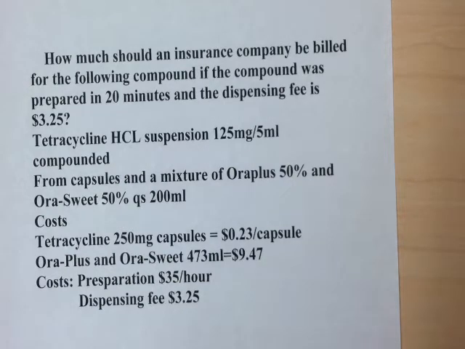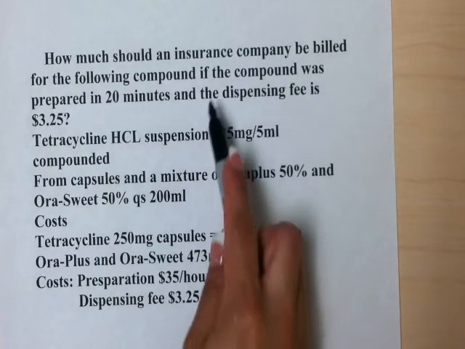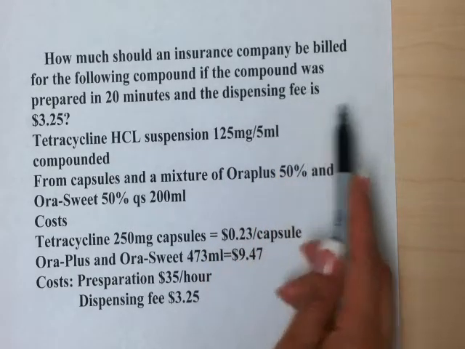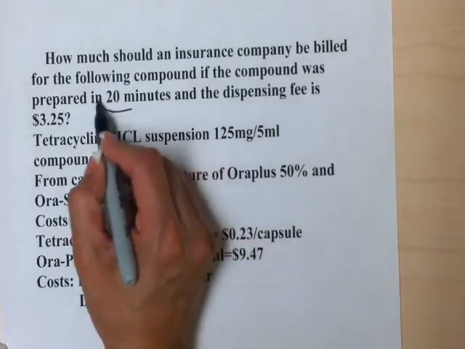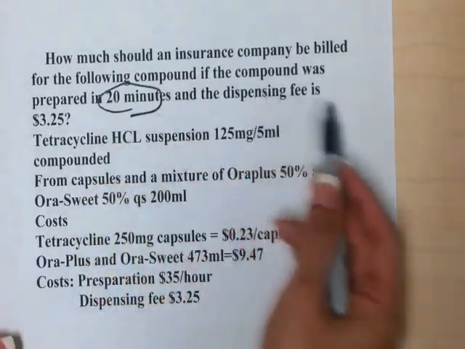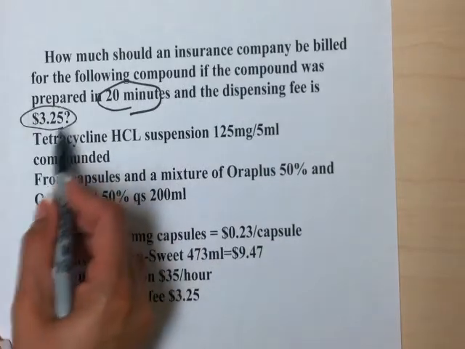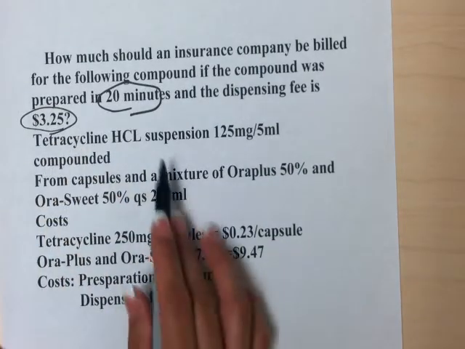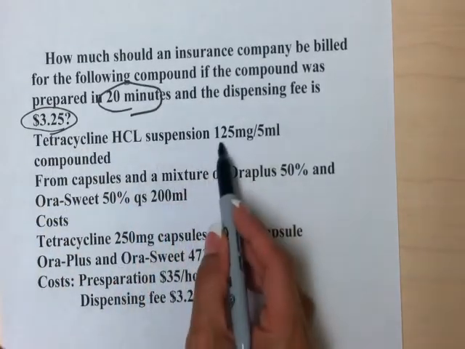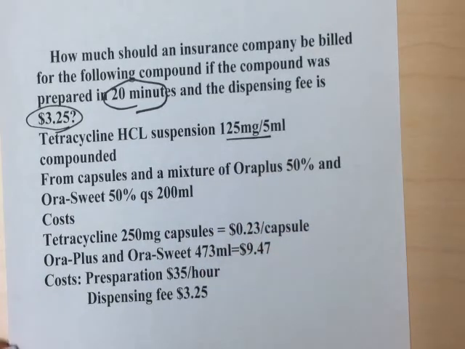But in this case, we are asked, how much should an insurance company be billed for the following compound if the compound was prepared in 20 minutes, the dispensing fee is $3.25, and they give us the tetracycline suspension is $1.25 per 5.